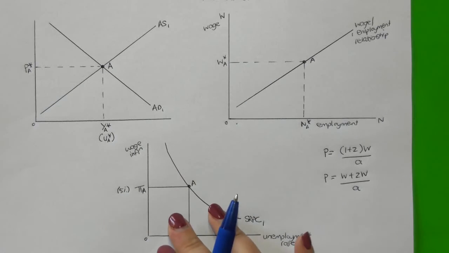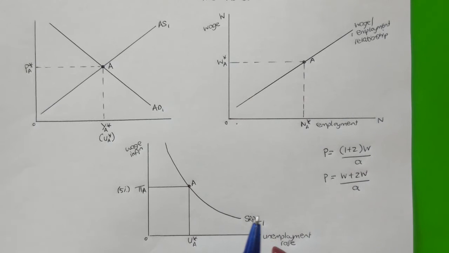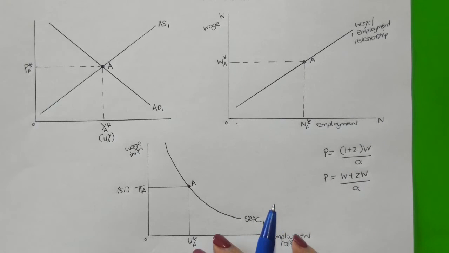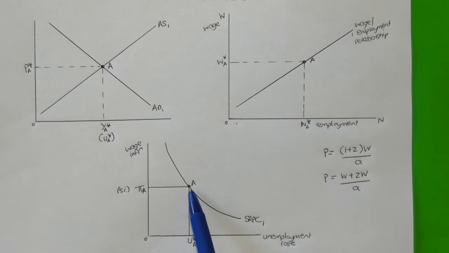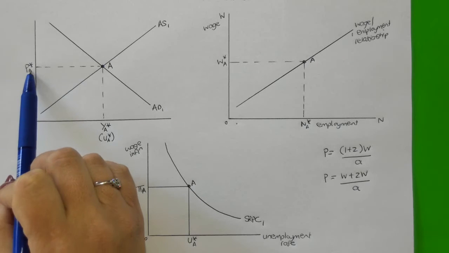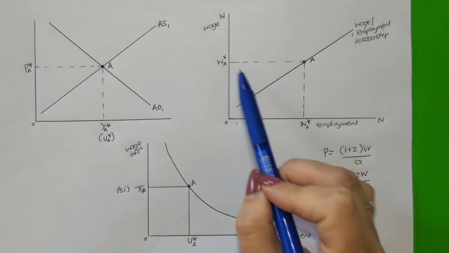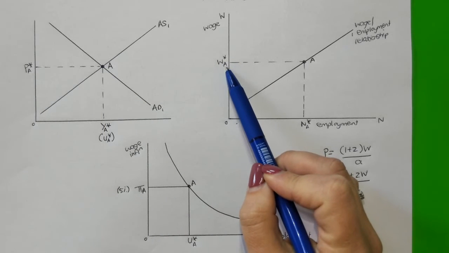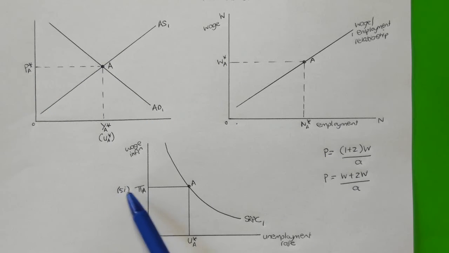The Phillips curve then also coincides with these equilibriums in the economy, and it's the only graph where what we're dealing with is percentages rather than levels. What it's suggesting is that when the price level is P star A and the wage level is W star A, there is inflation in the economy equal to pi A. And I've suggested that we can think about inflation as being, say, 5%.